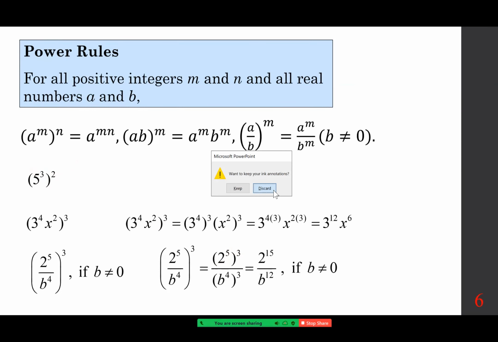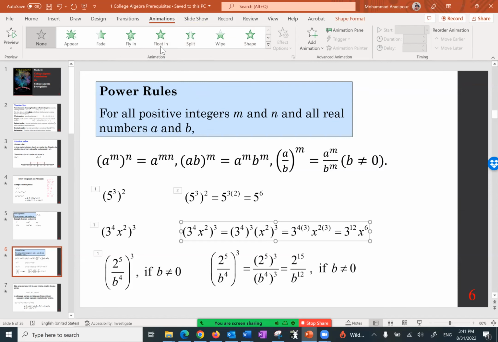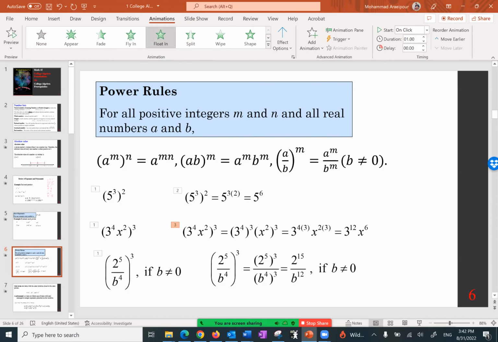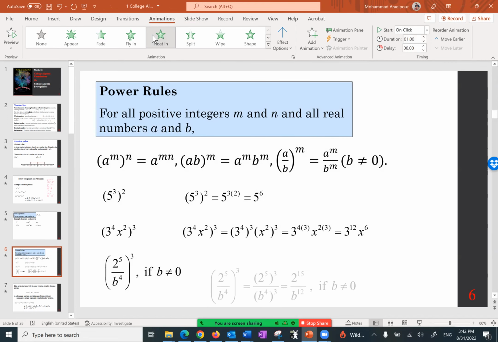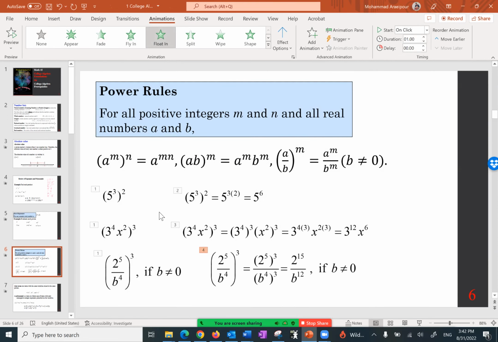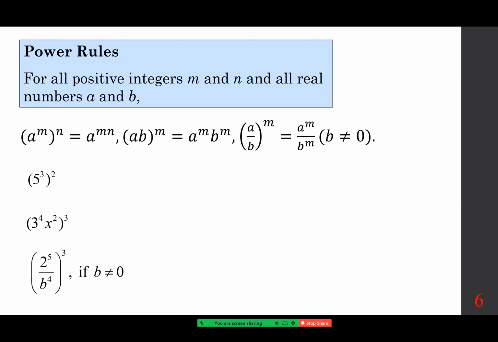Sorry, guys. So this one is 5 to the power of 6. Let me get the laser pointer.